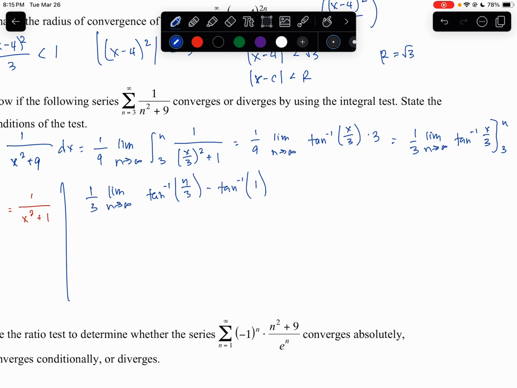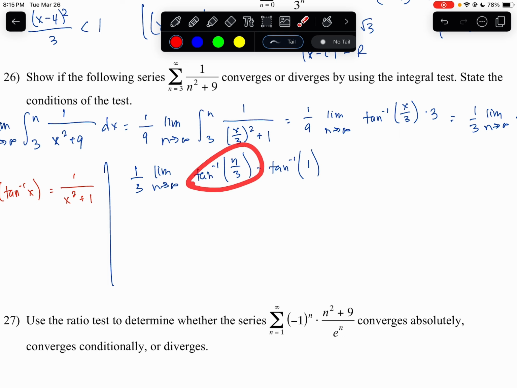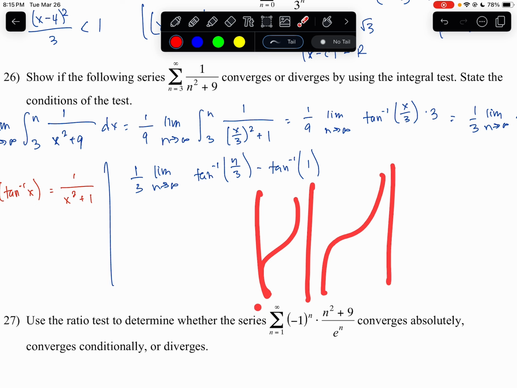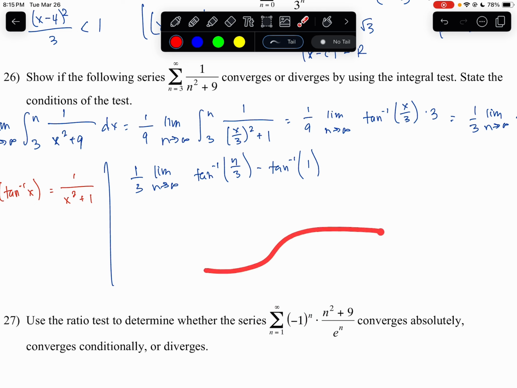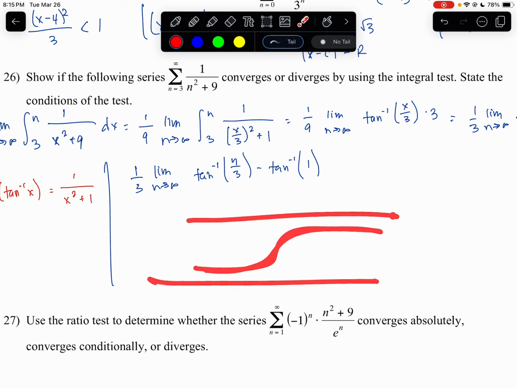Okay. Now again, you guys are still not going to like this right here. Tangent inverse. Tangent, if you think about all those tangent lines, goes from negative pi halves to pi halves. Tangent inverse, then, the range goes from negative pi halves to pi halves.